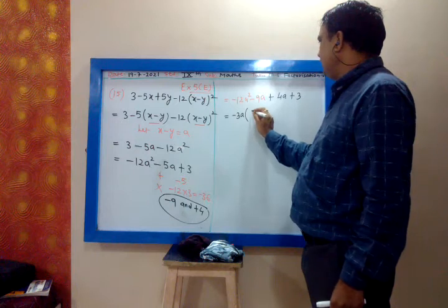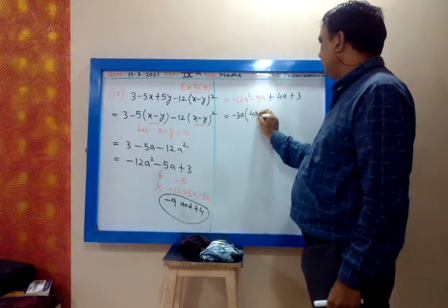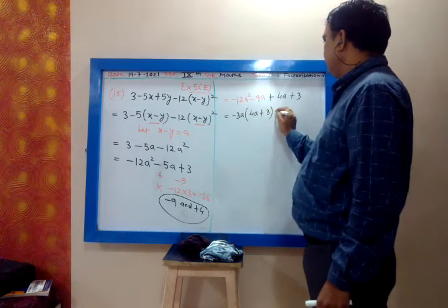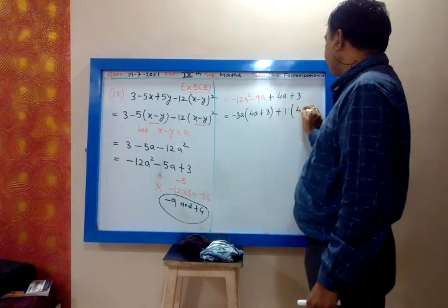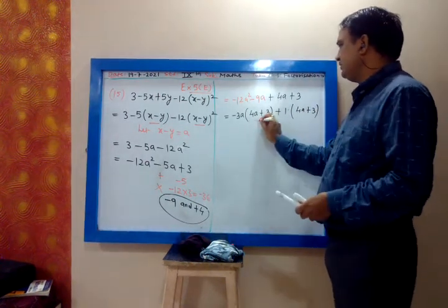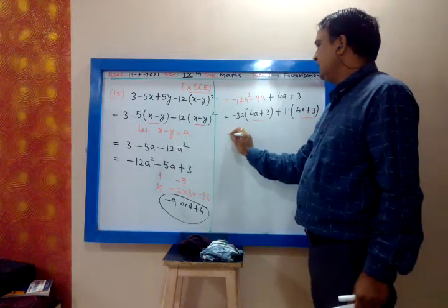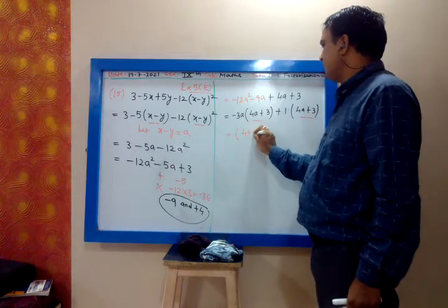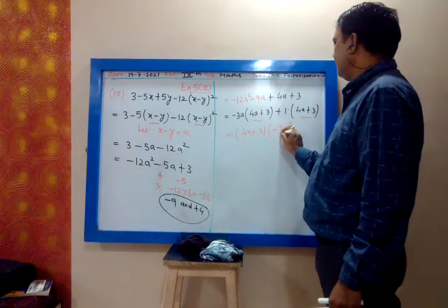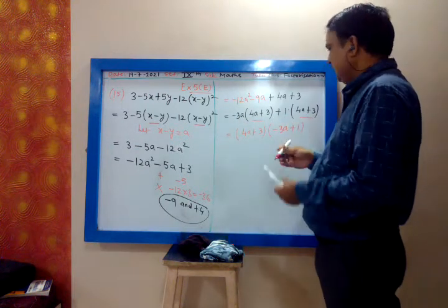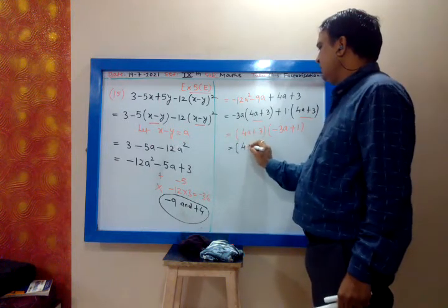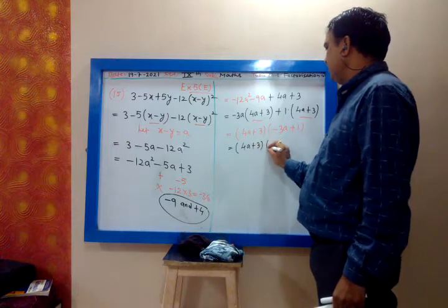Then what is left? 4a plus 3, and from the rest I have taken 1 common, so plus 1 into 4a plus 3. Now 4a plus 3 is common. So that will be 4a plus 3 into 1 minus 3a.